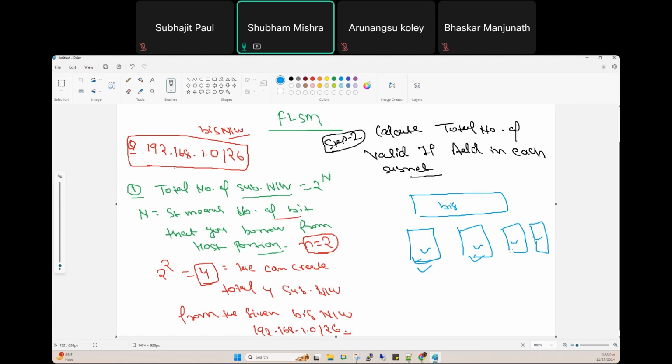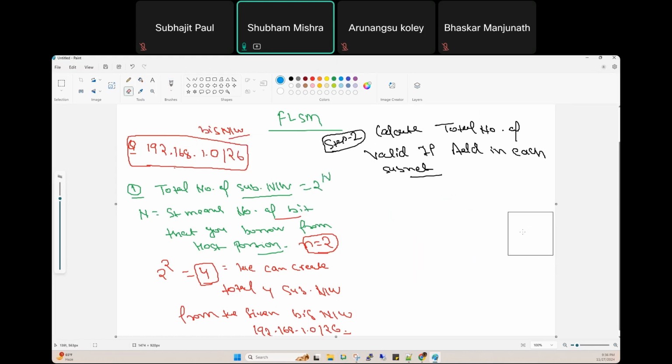And in this network? I already told you we are using FLSM. So in case of FLSM, whatever the IP addresses in this network, the same here, here, here. So in step number 2, what we need to do? We need to calculate the number of valid IP addresses in each subnet.